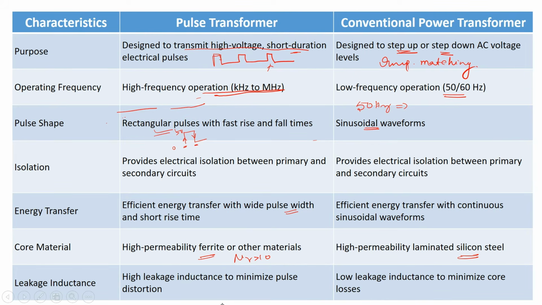Leakage inductance is high in pulse transformers to minimize the pulse duration, whereas a conventional transformer uses sinusoidal waveforms of 50 to 60 hertz, so the leakage inductance will be very, very low so that the core losses are minimized. This is the comparison between a pulse transformer and a conventional transformer.